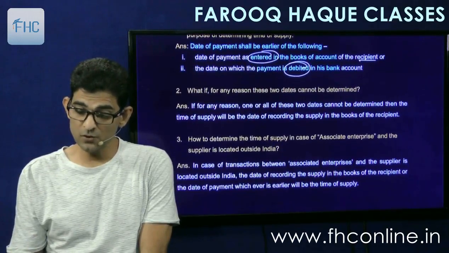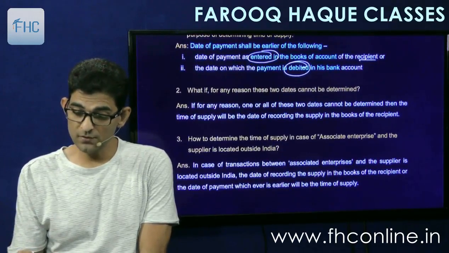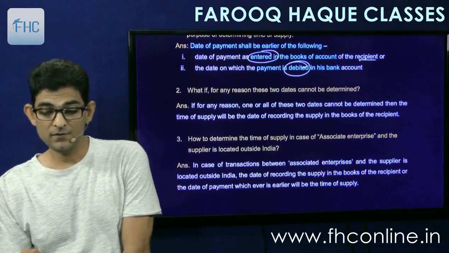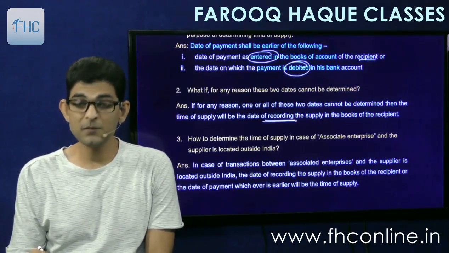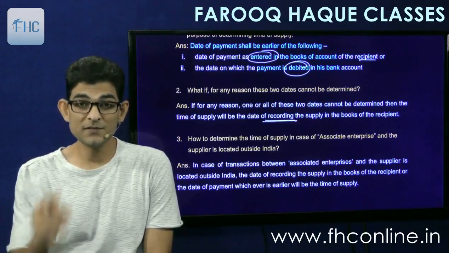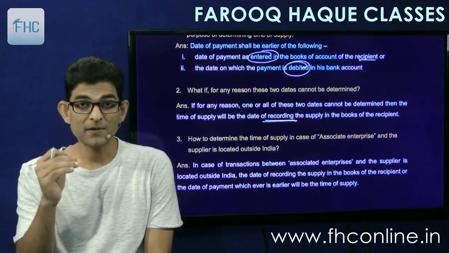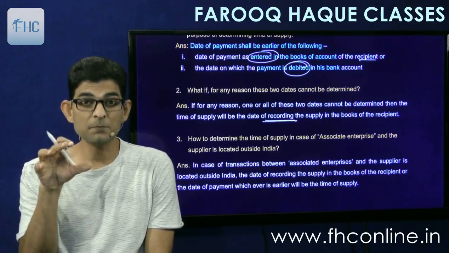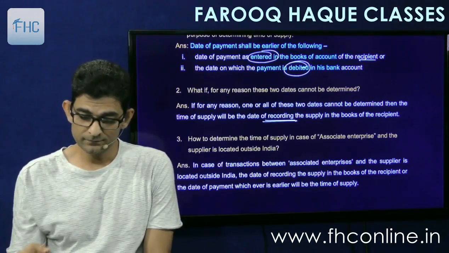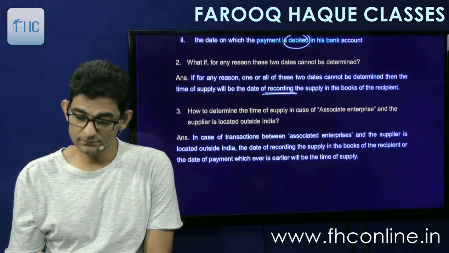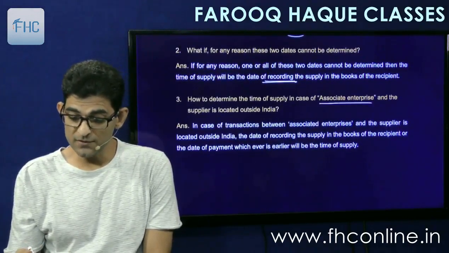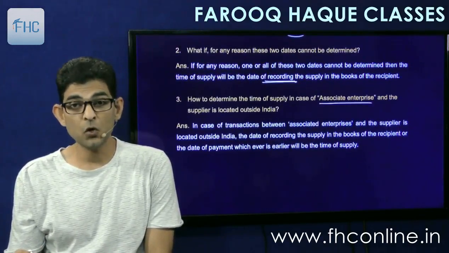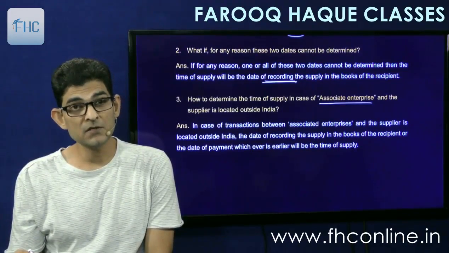And if these two dates are not available, then what? The date of recording of the supply in the books of accounts of the recipient, meaning the day when you book that expenditure. And for associated enterprises, the date of entry or the payment, whichever is earlier.